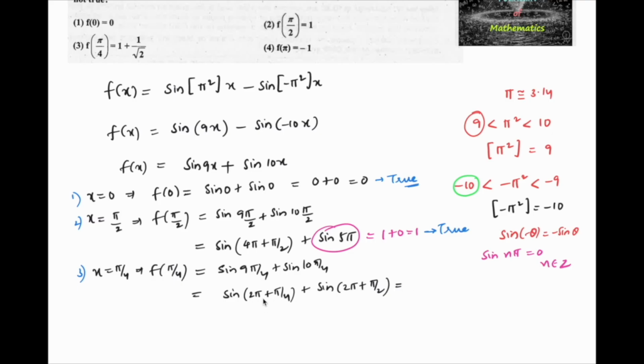Since sine of 2 pi plus theta is sine theta, we get sine pi by 4, which is 1 by root 2, and sine pi by 2 is 1. So 1 plus 1 by root 2, this is also true. So option C is also true.